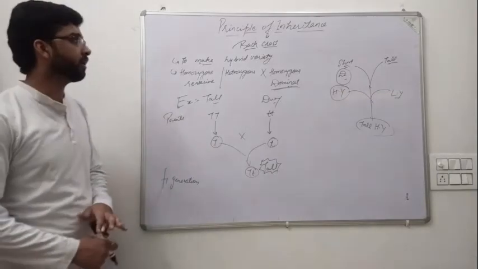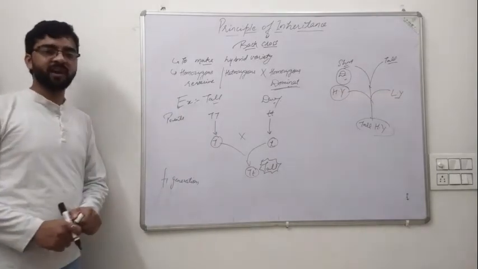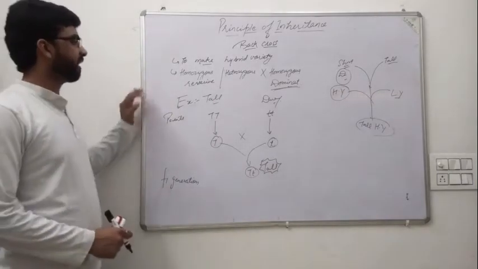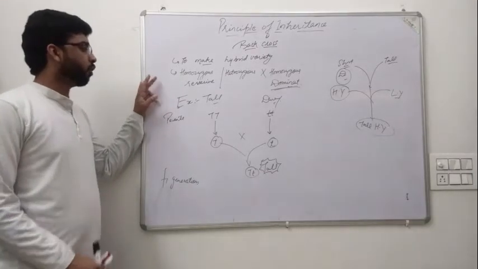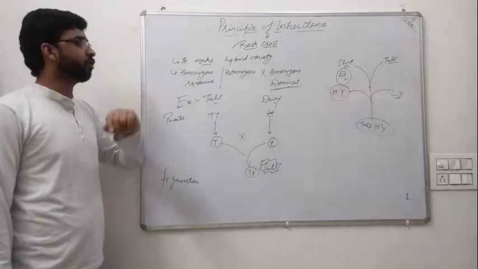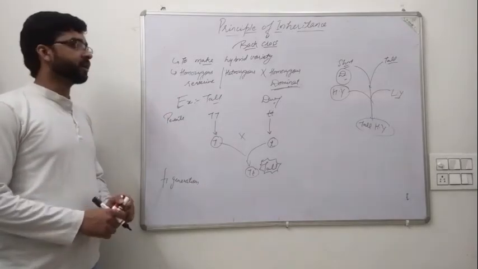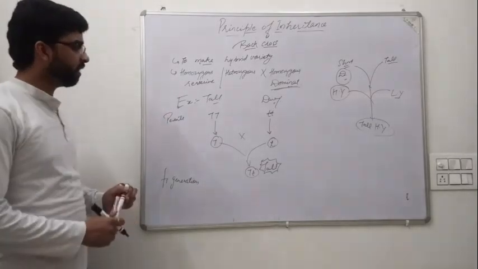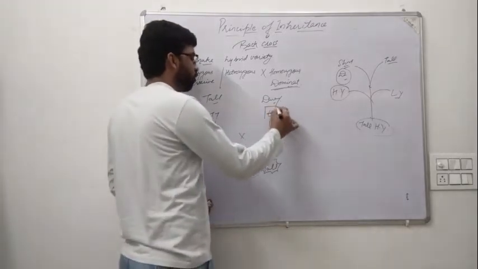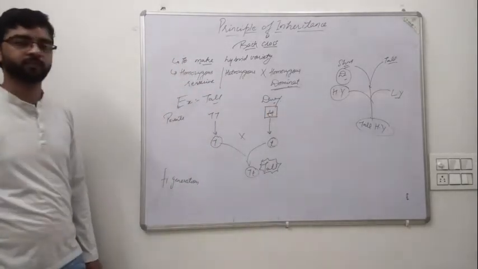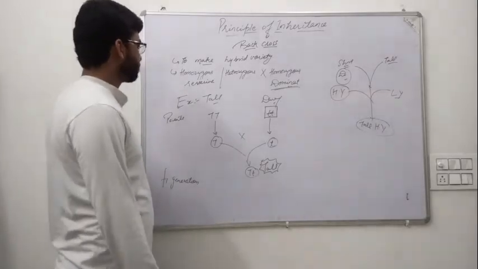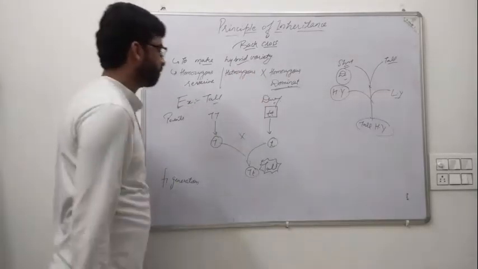So what do we have to do in a backcross to make a hybrid variety? A homozygous recessive or heterozygous condition is crossed with homozygous dominant. The first one is a homozygous recessive condition. Now for another cross, we take an example with a heterozygous condition.